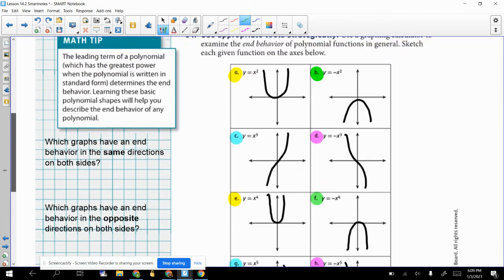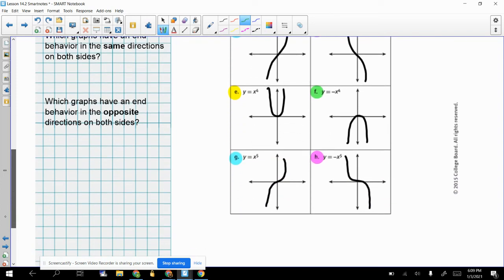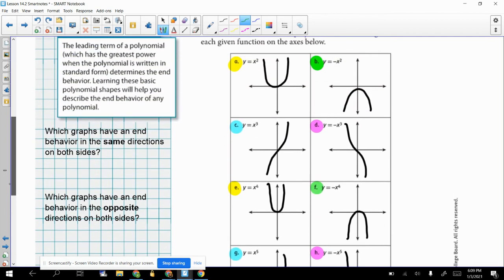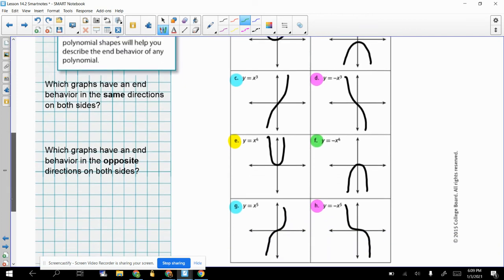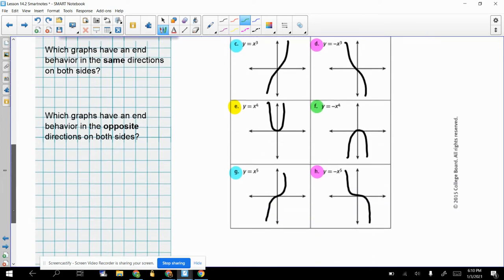What we're going to talk about is, first of all, the positive ones. You see that? They're all on the left side, and all of the negative ones are on the right side. And as we know from quadratic functions, the negative out front just reflects the graph over the x-axis, and that is the same for all of these.